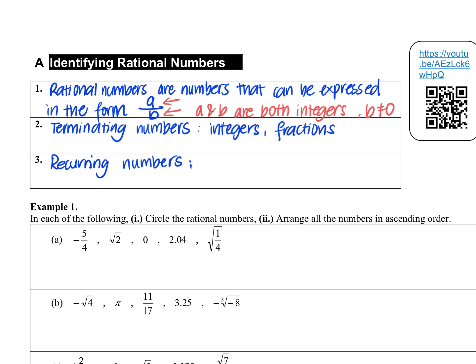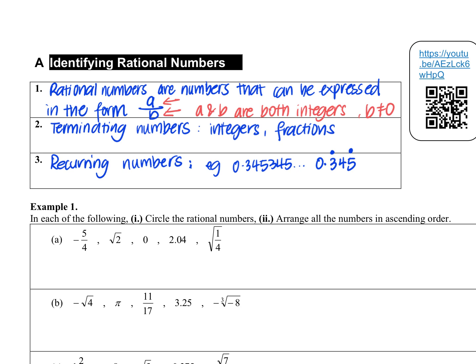For example, if I have the number 0.345345345 dot dot dot, you notice that 345 keeps on repeating itself. This can be written as 0.345 with dots over the first digit 3 and the last digit 5, marking where the repeating pattern starts and ends.